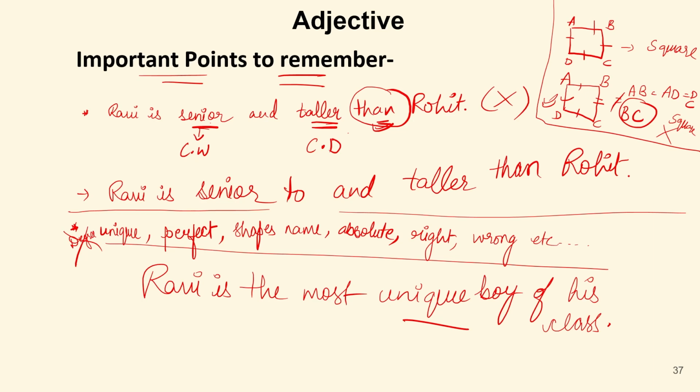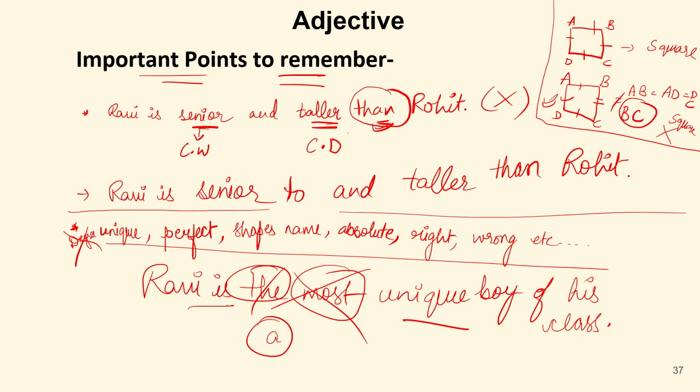But here we have written the word most, which is incorrect because we cannot convert this word into superlative or comparative. If the person is unique, it means it is unique. There is no concept of more or less with this. So here remove most and the as well, because the is used only for the superlative degree. So the correct sentence will be Ravi is a unique boy of his class.